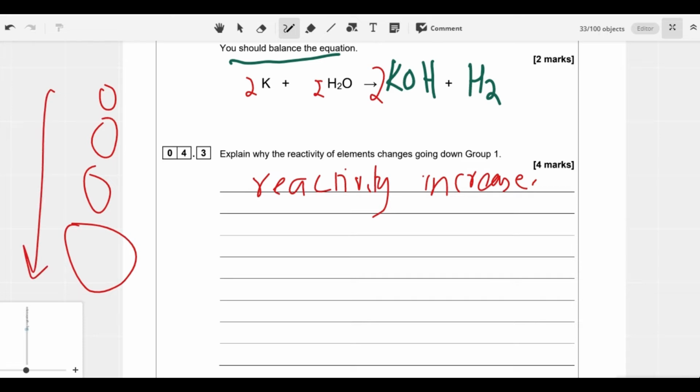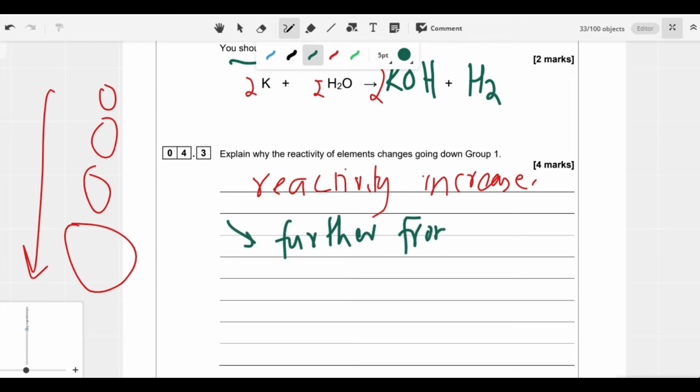It means that the outer electron shell, or the outer electrons, are further from the nucleus, far away from the nucleus.